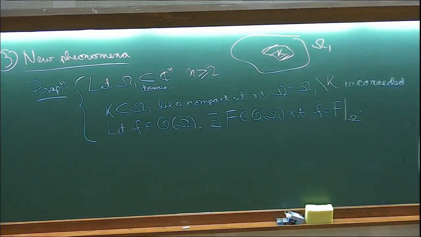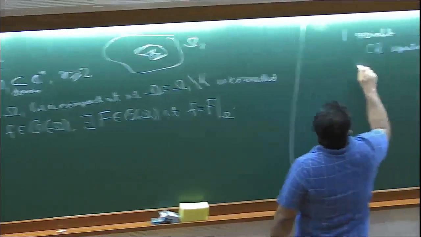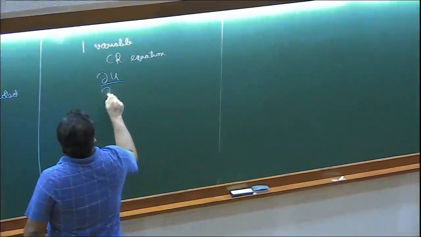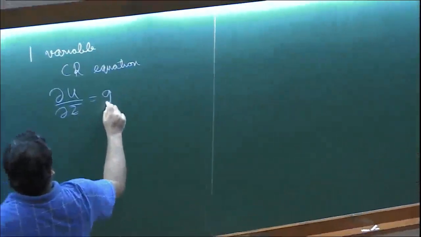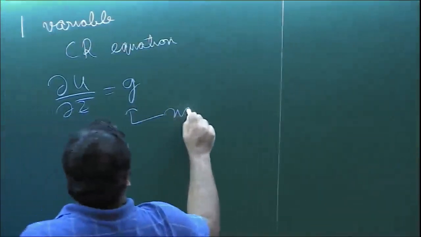So let us see. In one variable, the Cauchy-Riemann equation is actually just one equation, or two if you take the real and imaginary parts. It's one complex equation or two real equations. The one complex equation is written as du over d z bar equal to g, with no restriction on g.